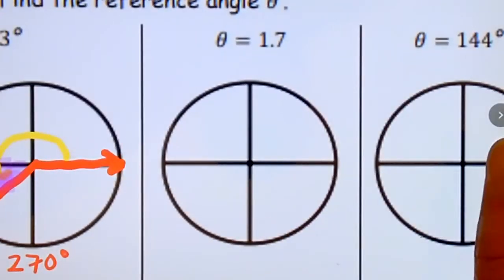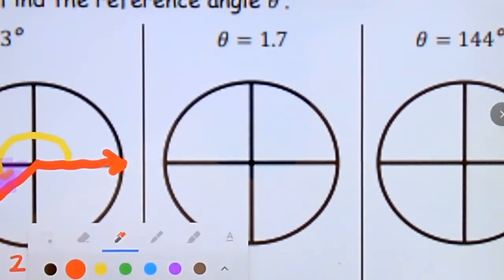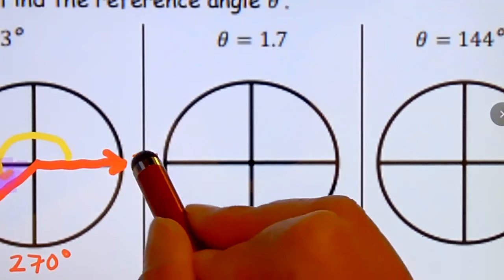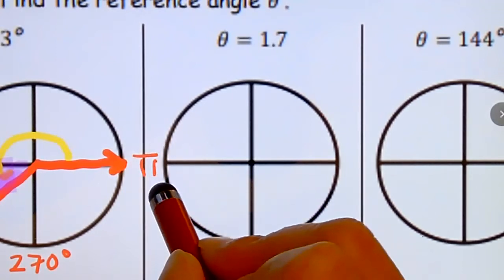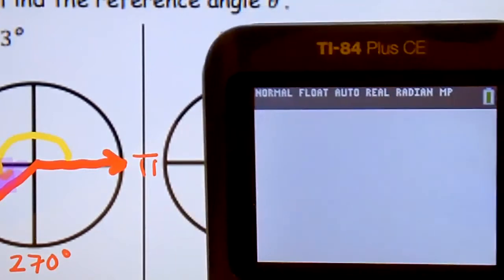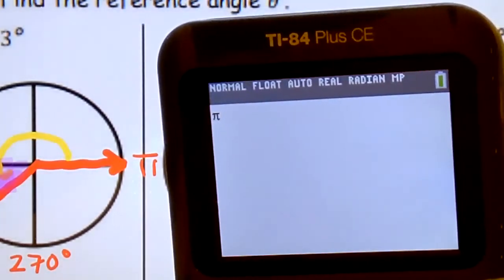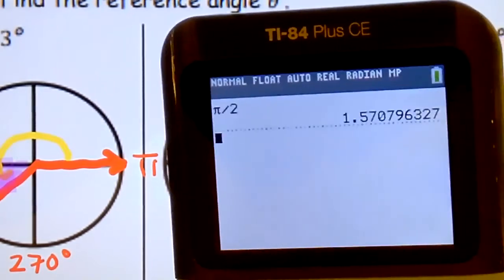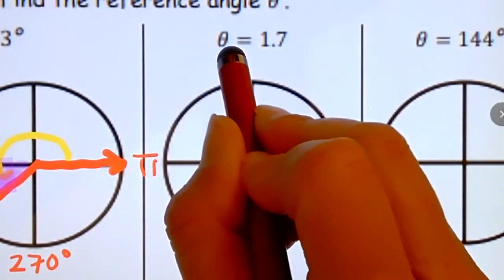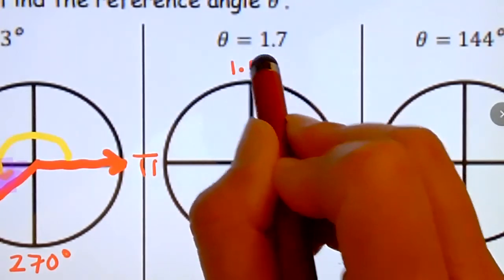So this is pi, and pi is 3.14. If I take pi and divide it by 2, I end up with 1.57. So up here would be 1.57 radians.